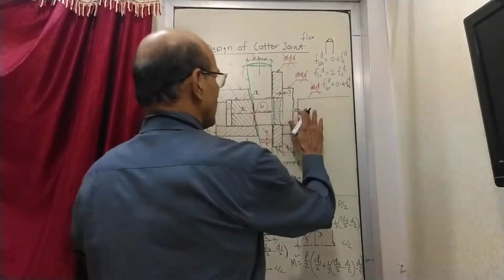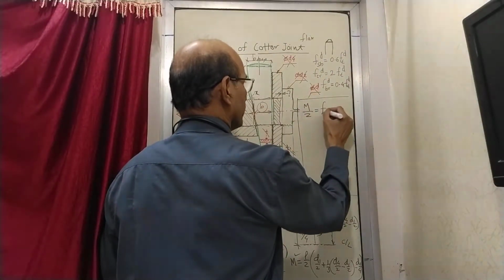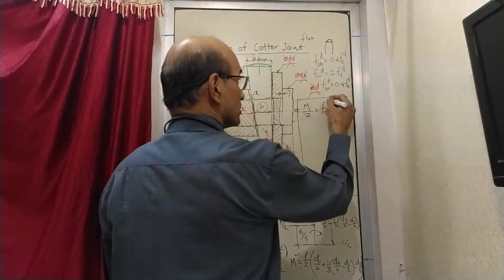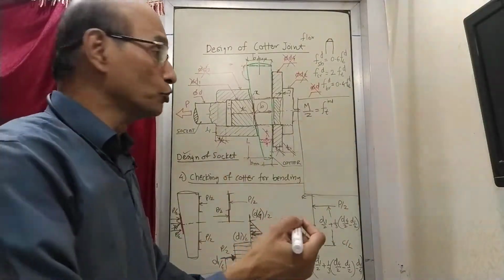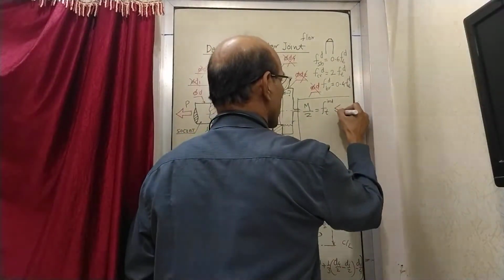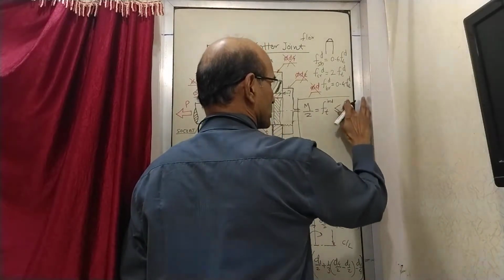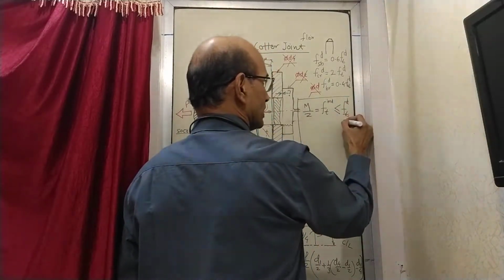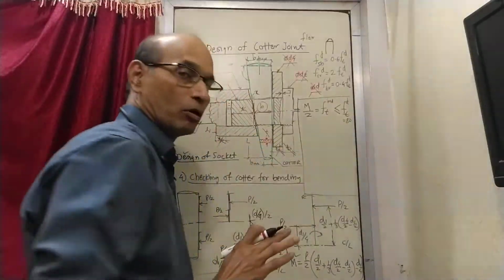So we know that M upon Z is equal to Ft. This Ft is the induced stress. This is a stress which is going to be induced, which we want to check whether it is less than the given design stress. This is already given to us as 80. So whether this answer is less than 80 or not, that is what we have to check.